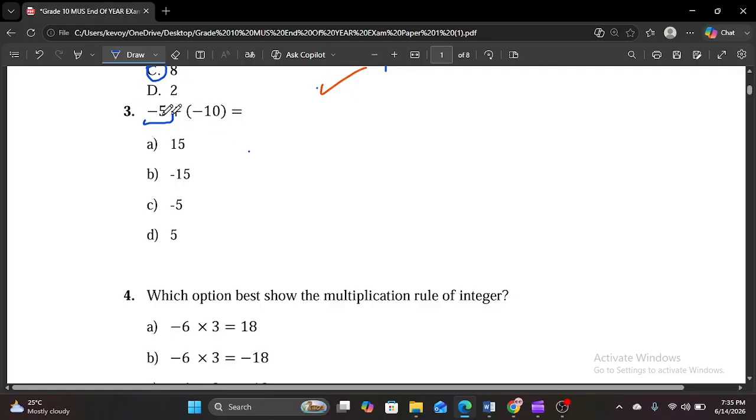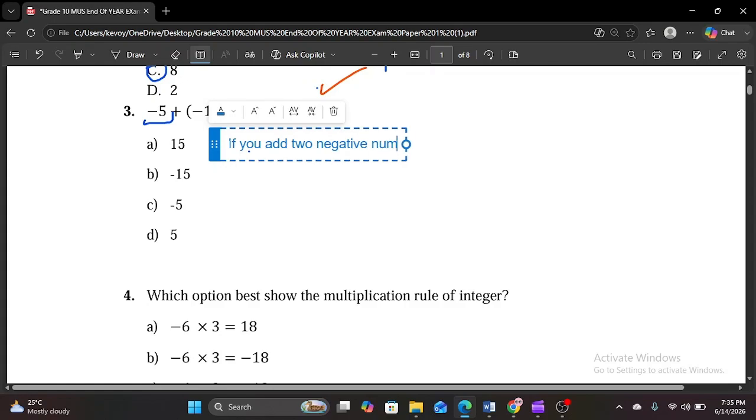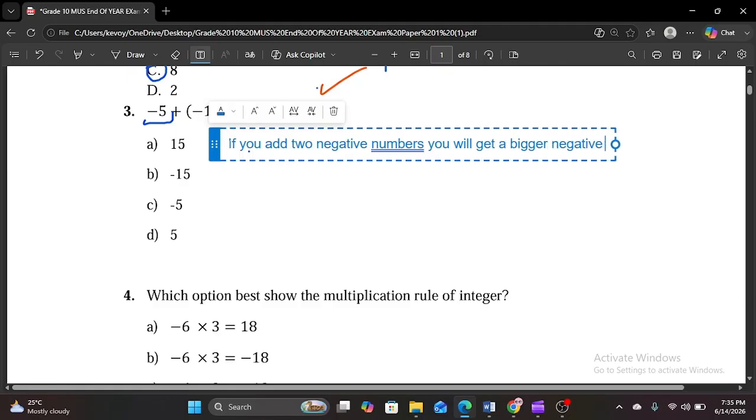Yes, I do. So if you add 2 negative numbers, you're going to get a bigger negative. So I'm going to write it down: if you add 2 negative numbers, you will get a bigger negative number.